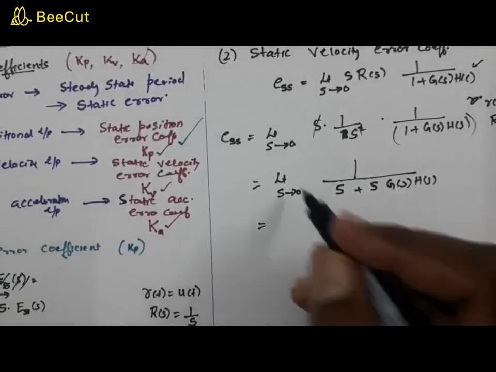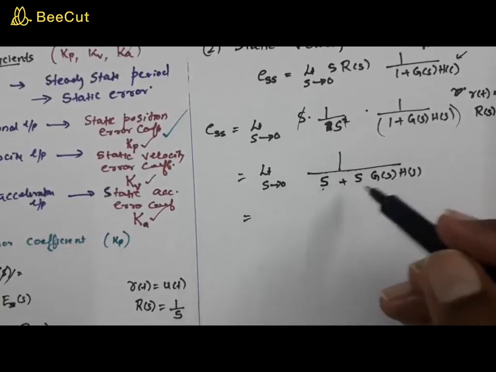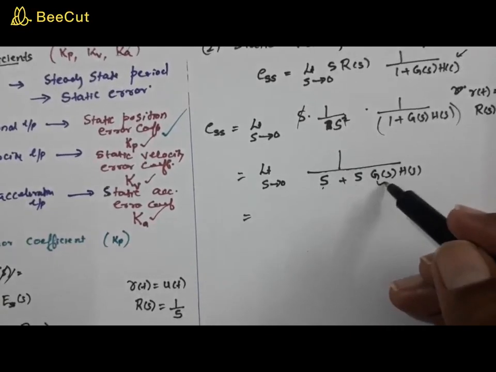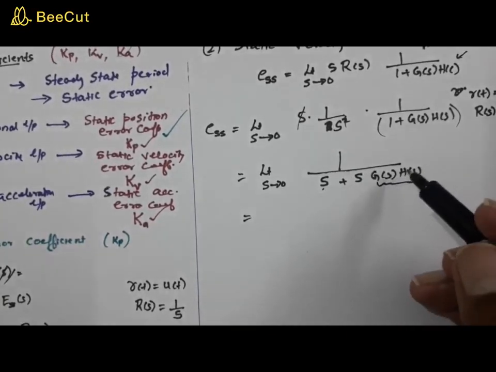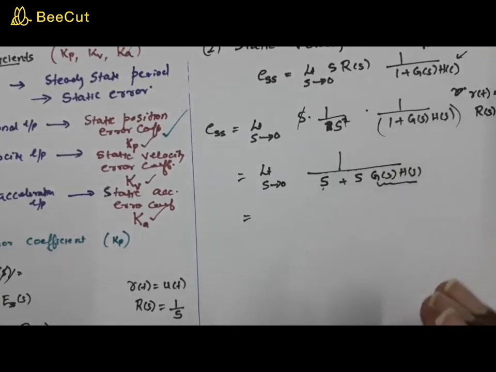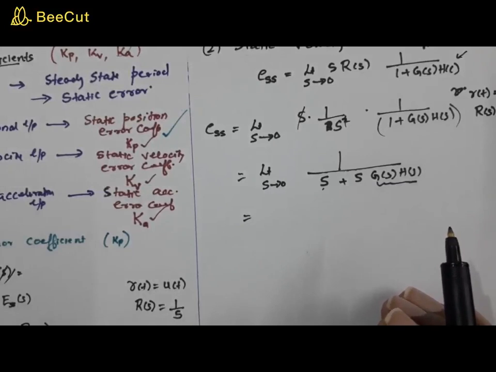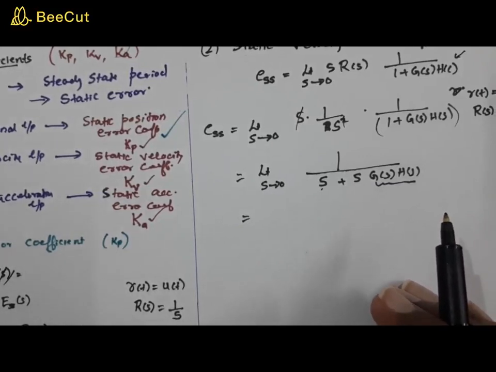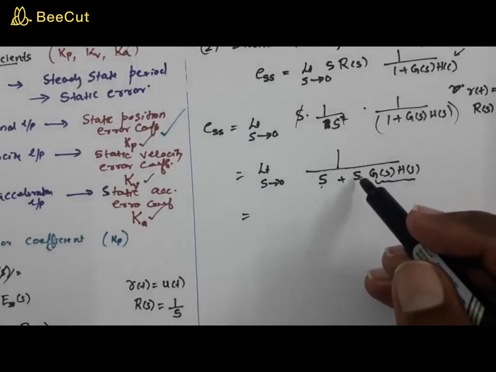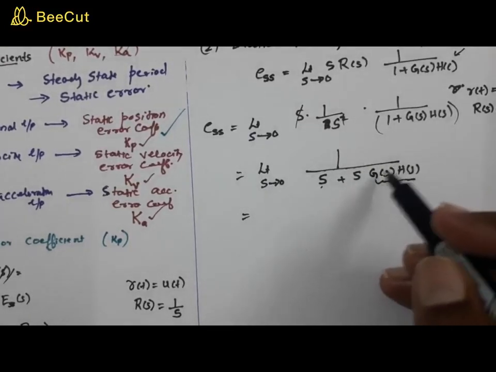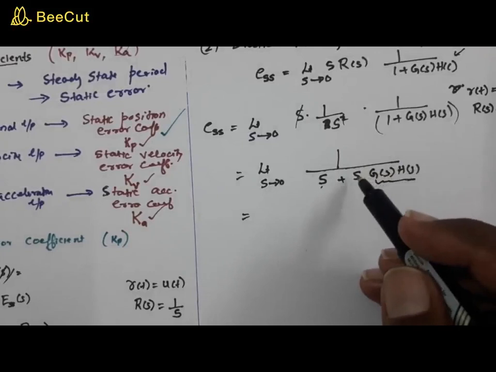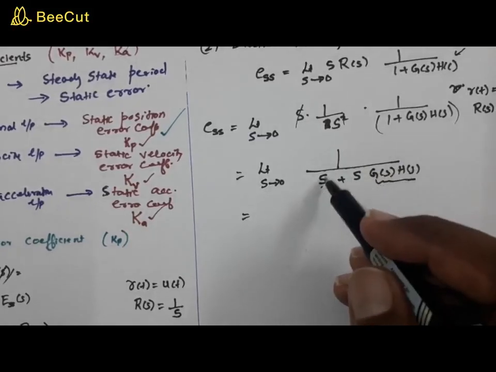Now when you apply the limit as s tends to 0, this s becomes 0. You cannot put s to 0 in G(s)H(s) because we are not aware of G(s); G(s)H(s) will also be a function. The fundamental thing about applying a limit is that it has to be applied after every possible cancellation. We do not know whether this s will get cancelled or not until we know G(s)H(s), so we cannot put s to 0 there, but here s is allowed.